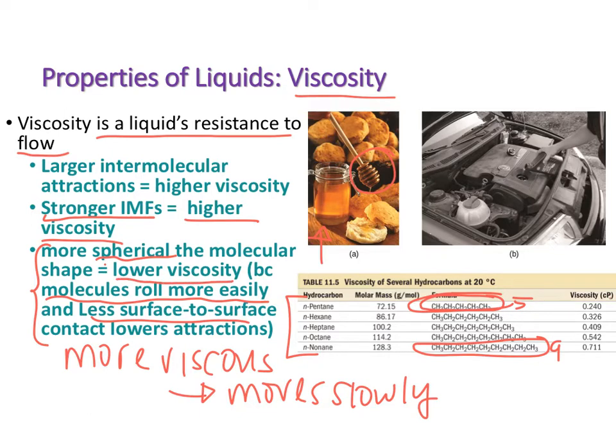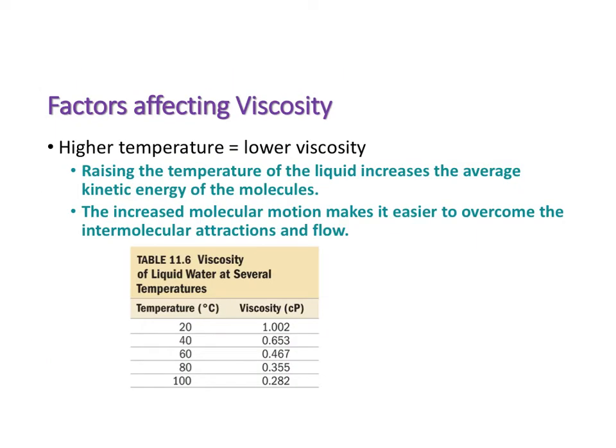If we look at the viscosities for both of these, we will see that for pentane we have 0.24 compared to nonane we have 0.711. So there you can see how something that's smaller, more spherical, less of a long chain, is going to have a lower viscosity.